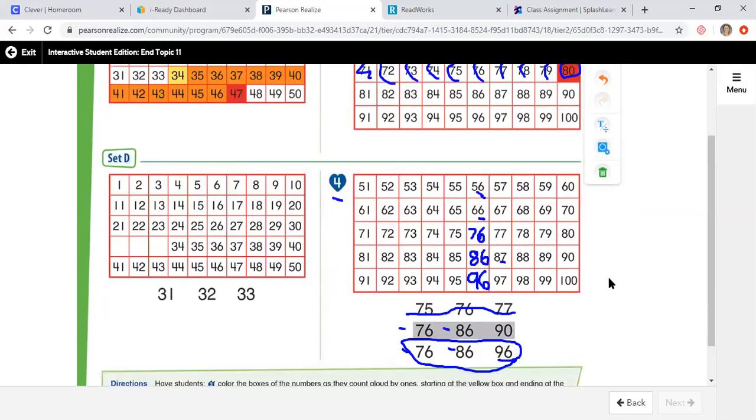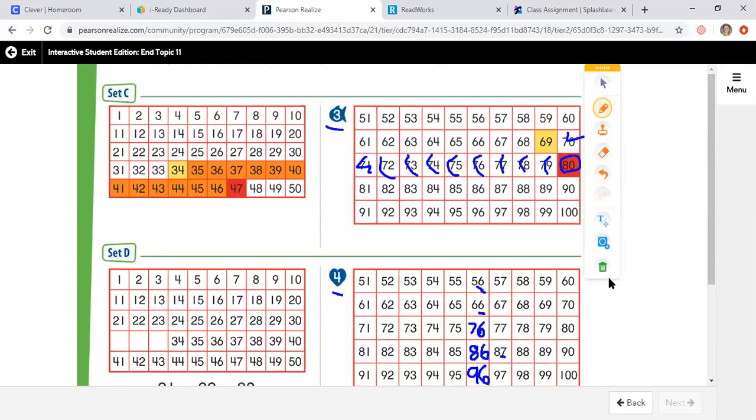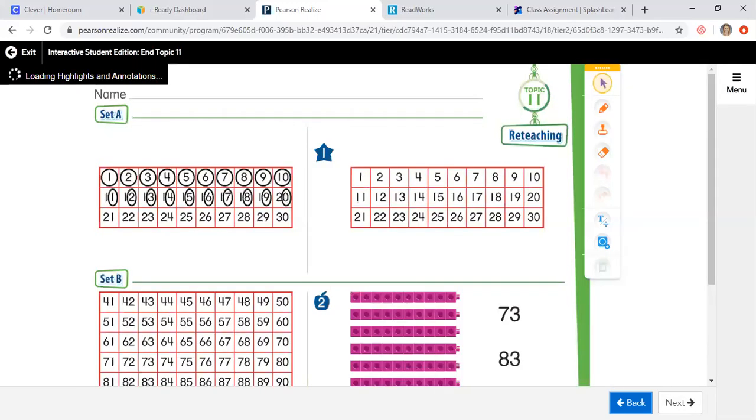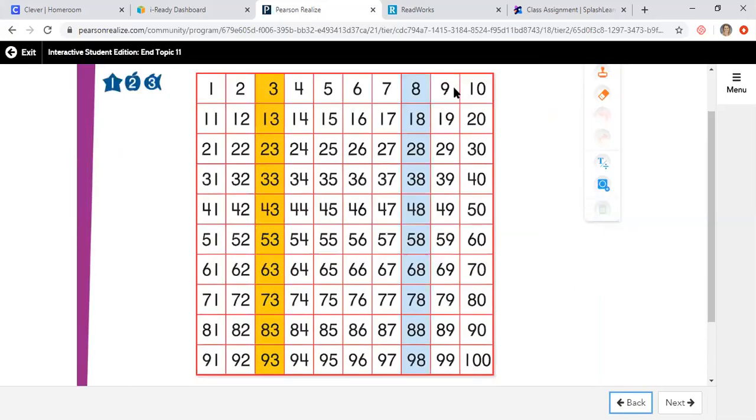I do want to make sure that you guys can count by tens. So let's go back to, let's see, is this our 100 chart? Right here, let's count by tens together again, okay? 10, 20, 30, 40, 50, 60, 70, 80, 90, 100.